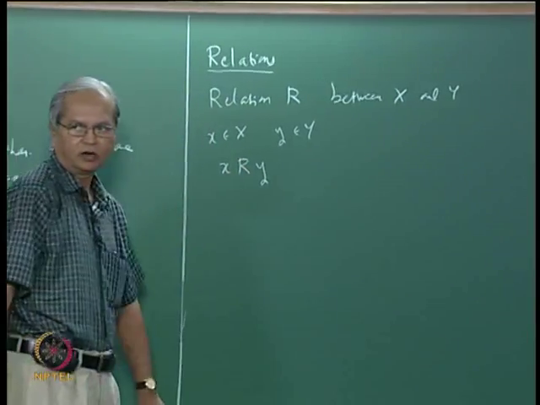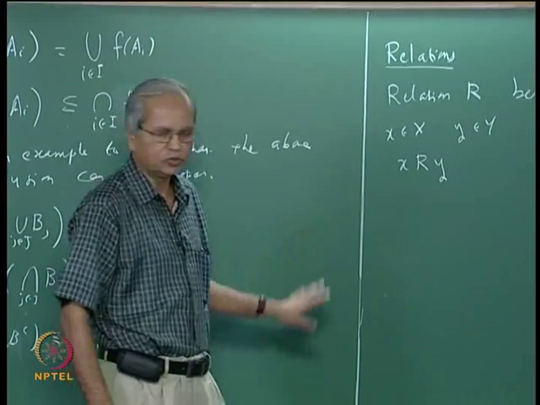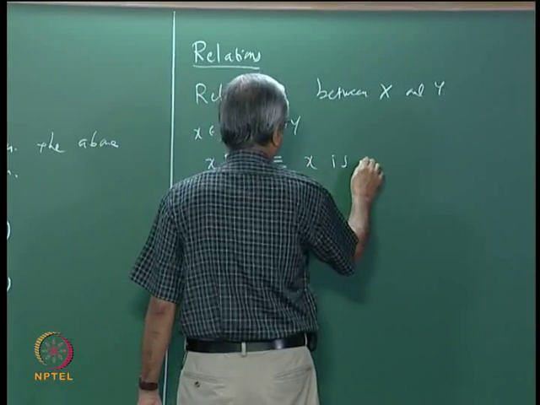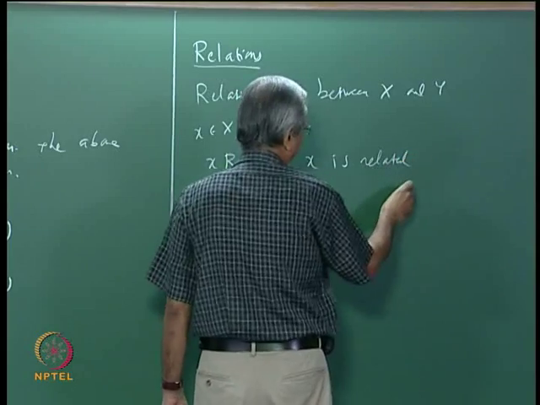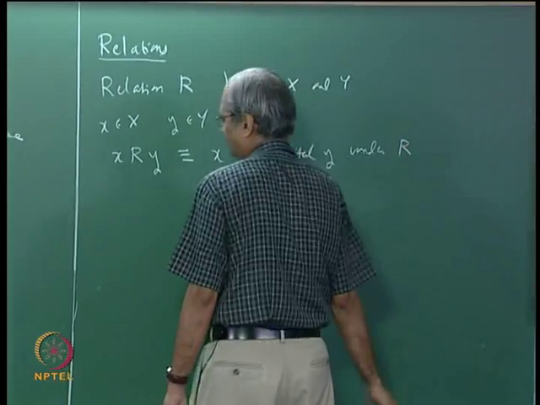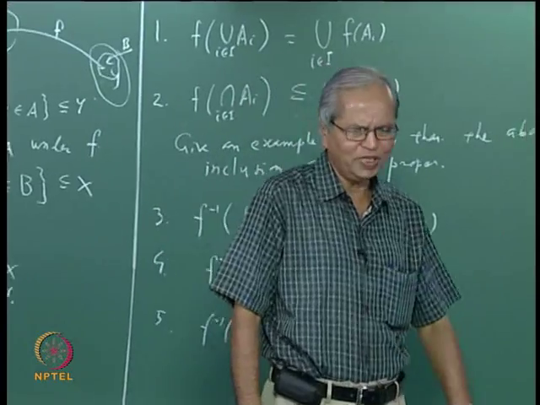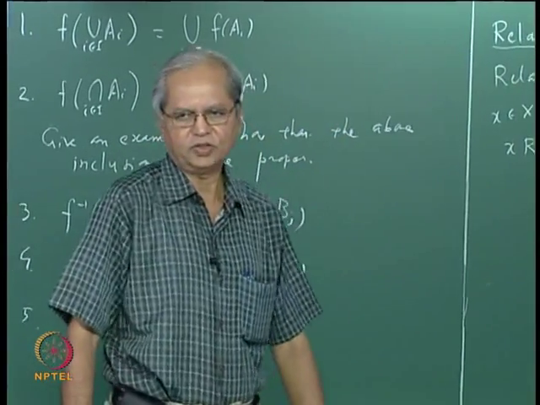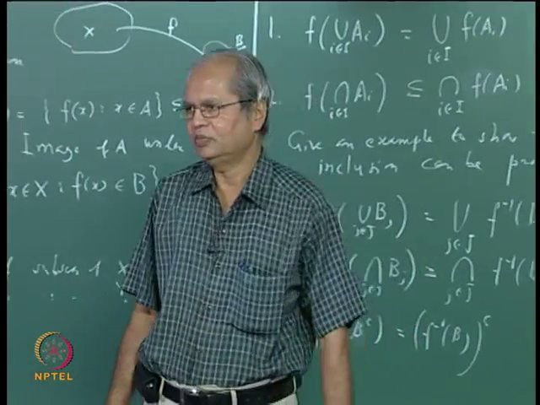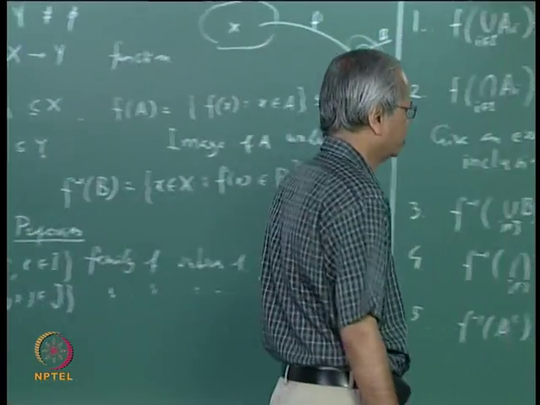This is read as saying that x is related to y under the relation R. And you have seen so many examples of relations in several of your undergraduate courses. So again we will not go into very detailed properties of relations, but we need a few things in our course and we shall quickly revise those.